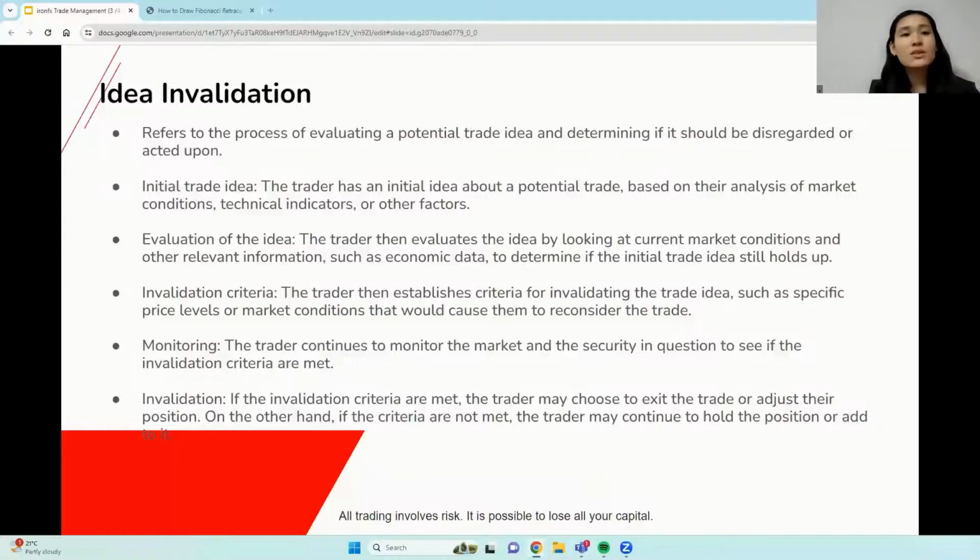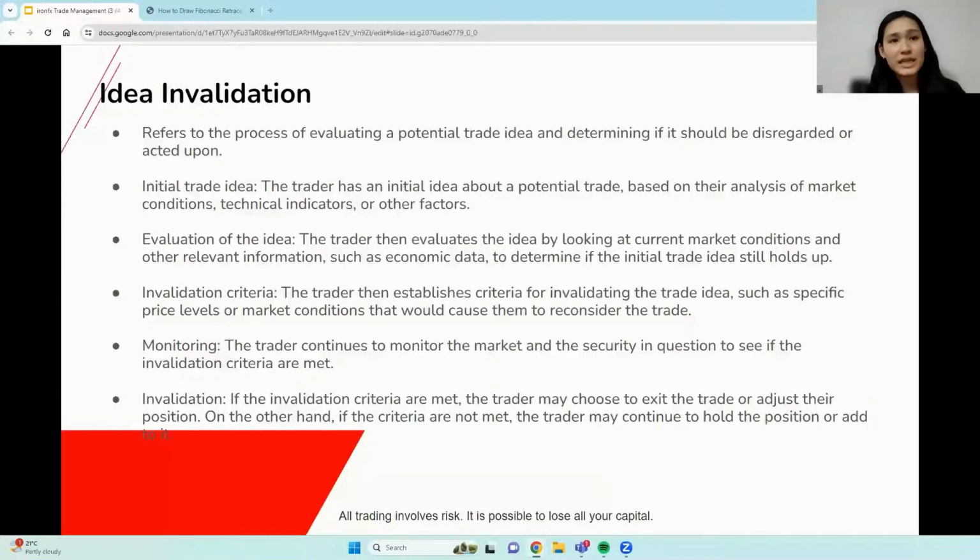Here's how the process of idea invalidation typically works in trading. Firstly, you have the initial trade idea, which is about a potential trade based on the trader's analysis of market conditions, technical indicators, or other factors.